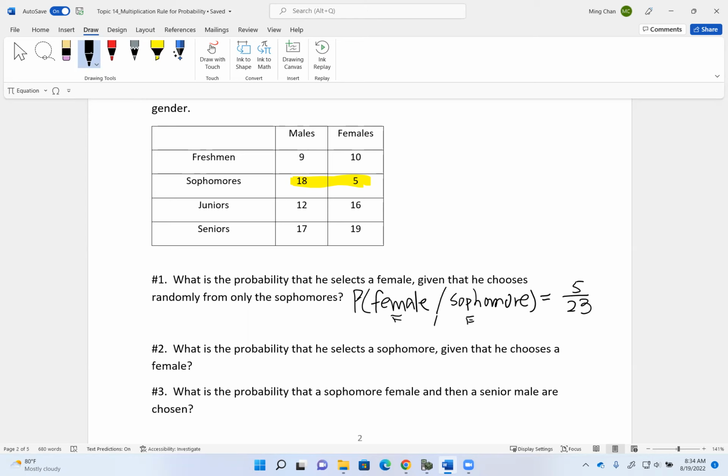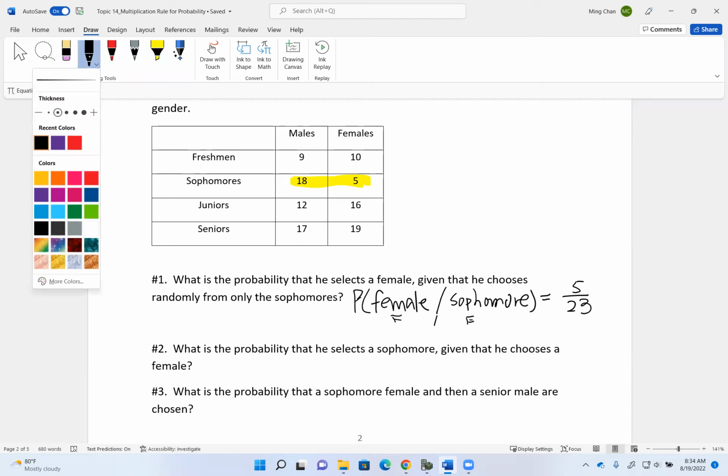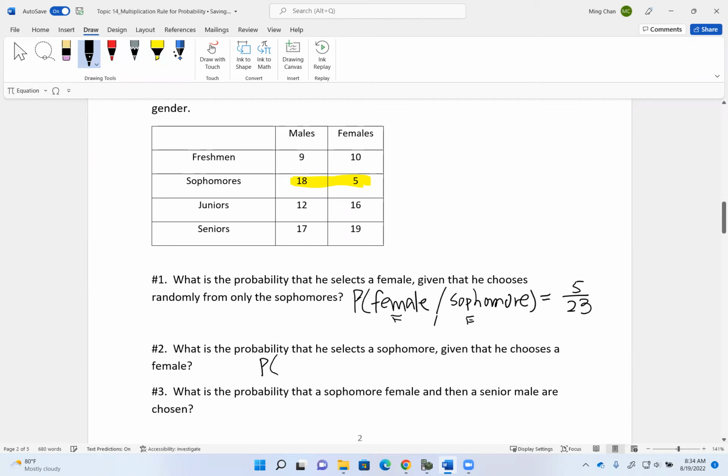Now, vice versa. What's the probability that he selects a sophomore given that he chooses a female? So that's a little bit backwards. This time I want to find the probability of selecting a sophomore given that female already occurred. So female is the first event.